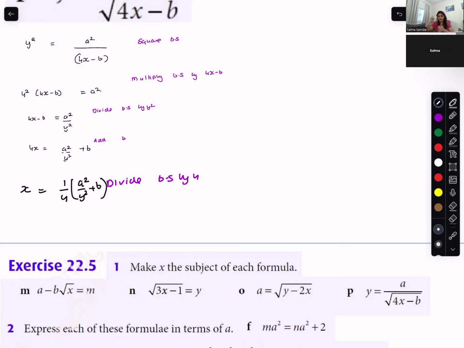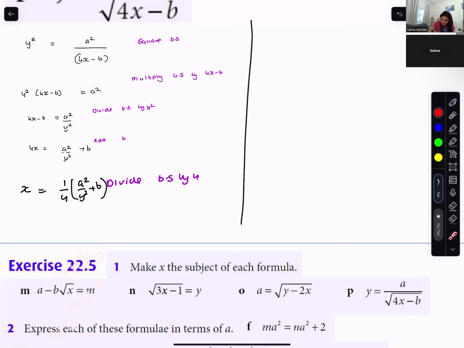If you want to put 4 inside, or get it in the standard form, what you have to do is the 4y square should go over here also. If this 4y square has to go in the denominator, it has to go in the numerator as well. So my x will be equal to a square over 4y square. I want the common denominator.